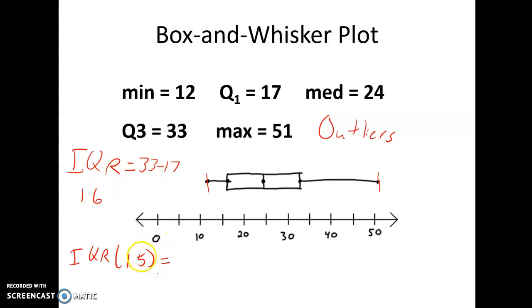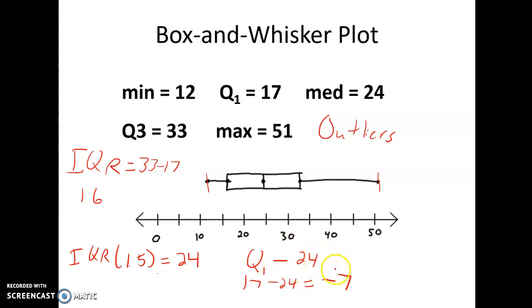So what's 16 times 1.5? That is 24. So this is like the magic number. You're going to take the first quartile and subtract this number. So 17 minus 24, and that's -7.